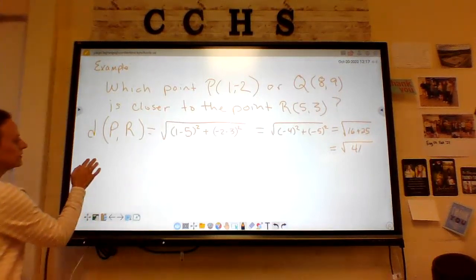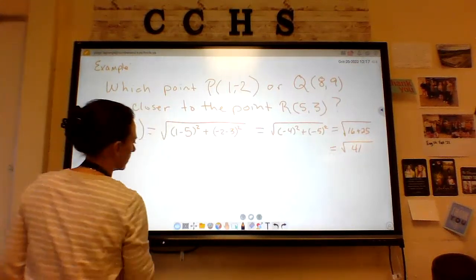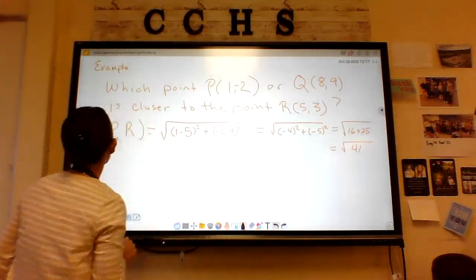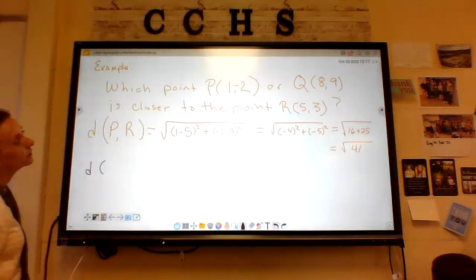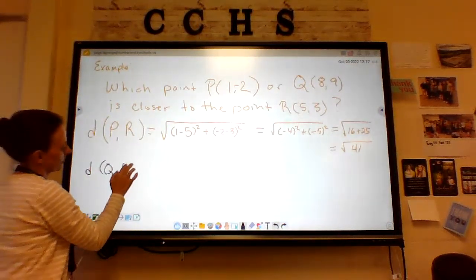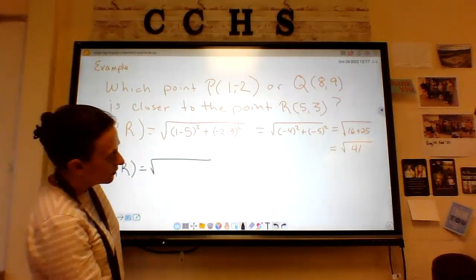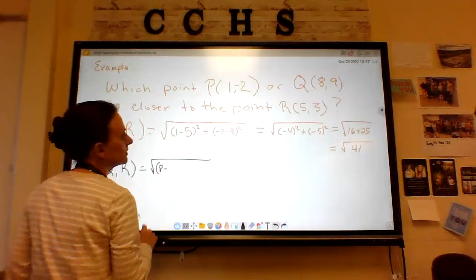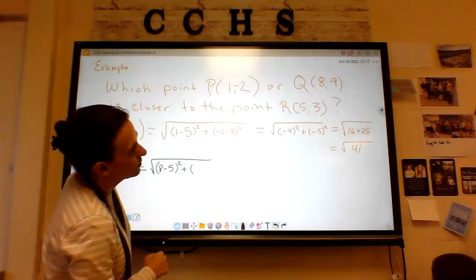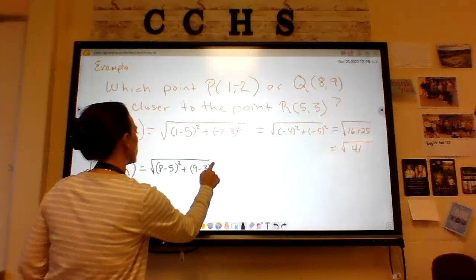And so now let's look at the distance between Q and R. So again, that's going to be the x value of Q minus the x value of R squared plus the y value of Q minus the y value of R squared.